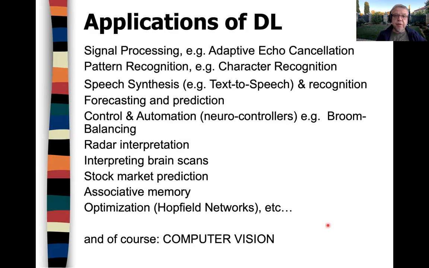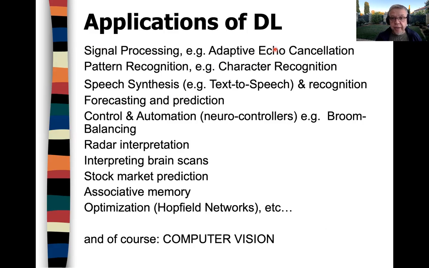Applications of deep learning. You have a number of them everywhere now. Deep learning is used in agriculture, in medicine, but just to have some specific examples, you can use it, for example, in signal processing for adaptive echo cancellation.